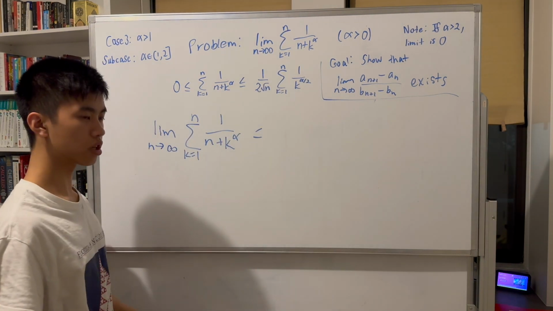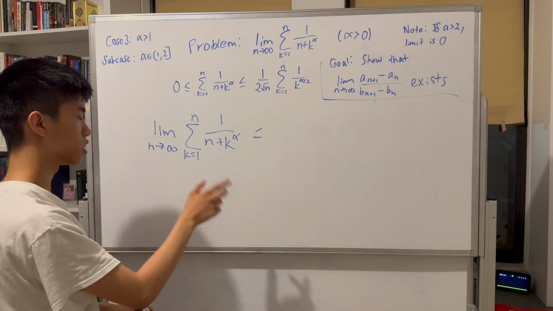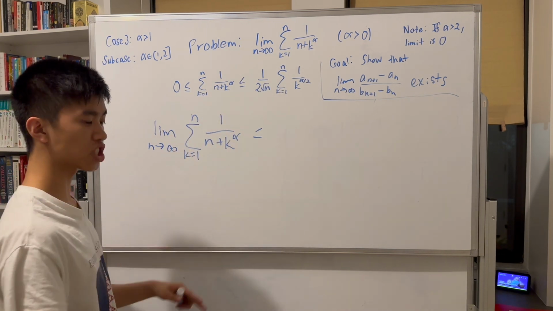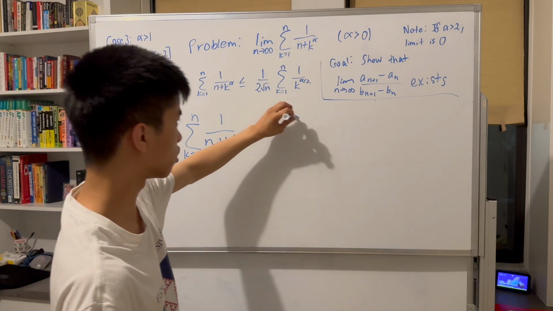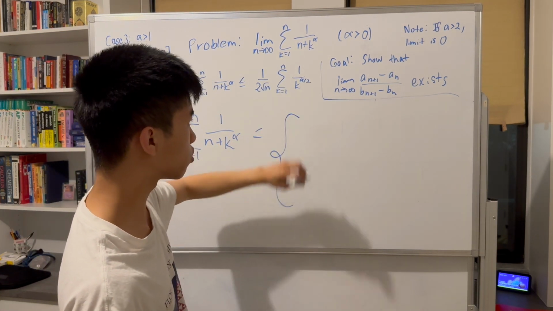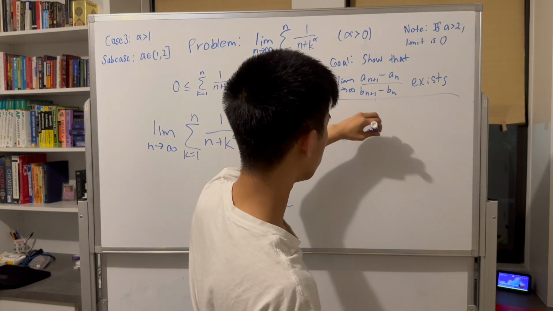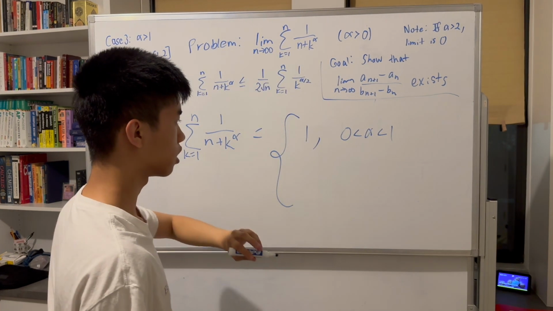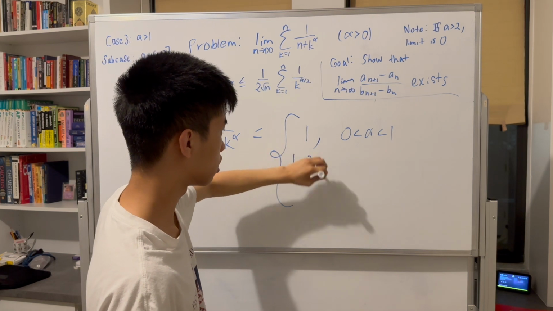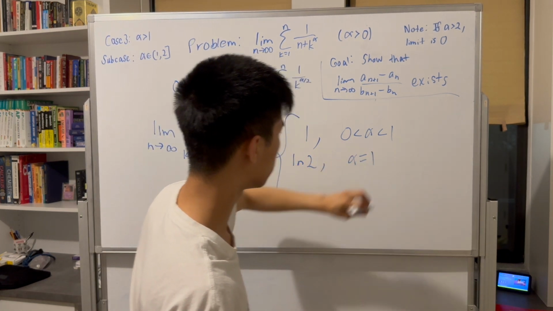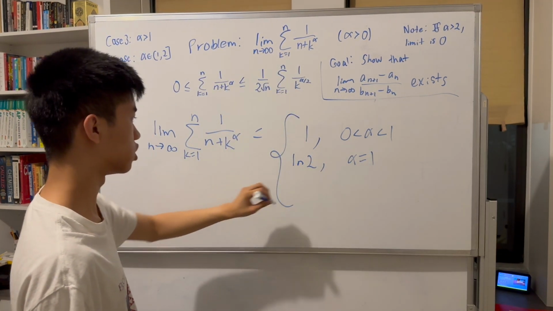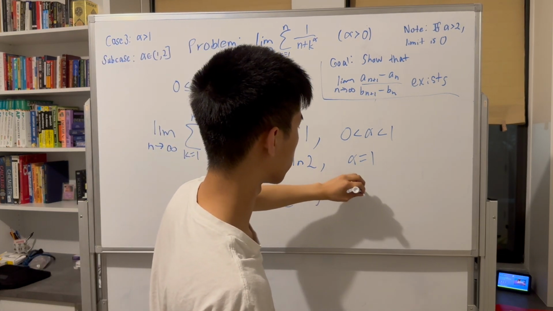Okay, so then we can conclude that the limit as n goes to infinity of this sum is actually a piecewise function. It's equal to 1 if alpha is in between 0 and 1 non-inclusive, it's ln of 2 if alpha is equal to 1, and it is 0 if alpha is greater than 1.